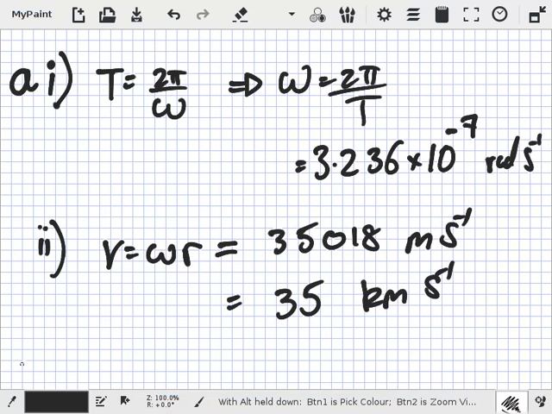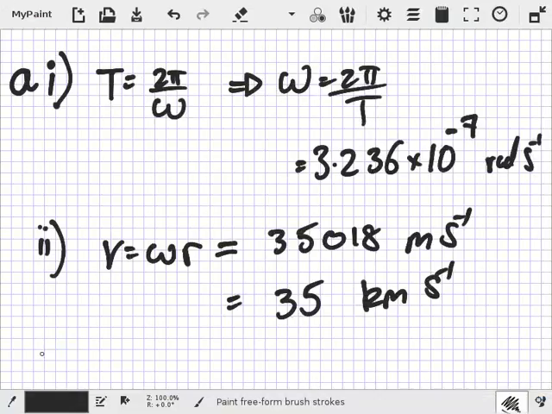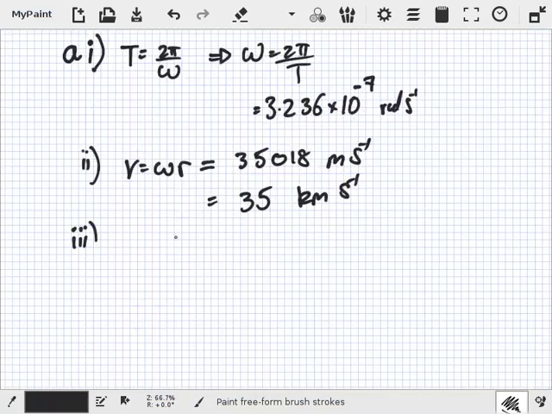Yes. Right. Part 3. What's the mass? T squared equals 4 pi squared R cubed over GM.